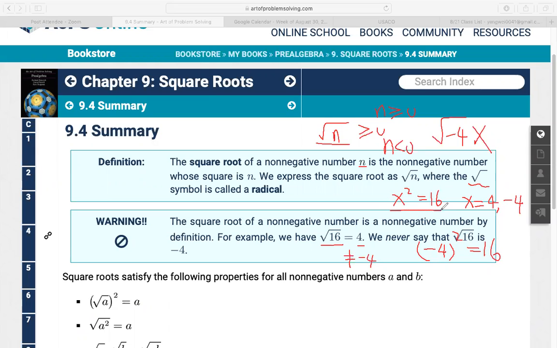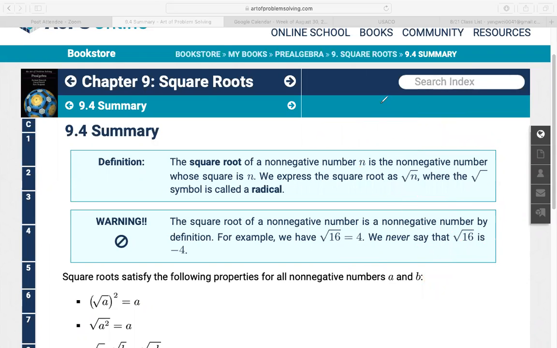But if we write root 16, the only answer is positive 4. You cannot write that it equals negative 4.